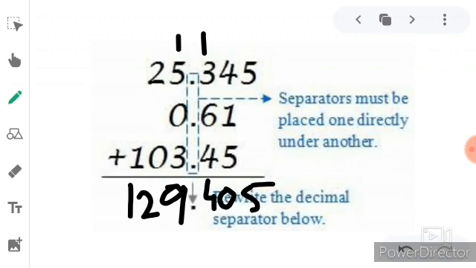So our answer is 129.405. Students, I hope you got it.